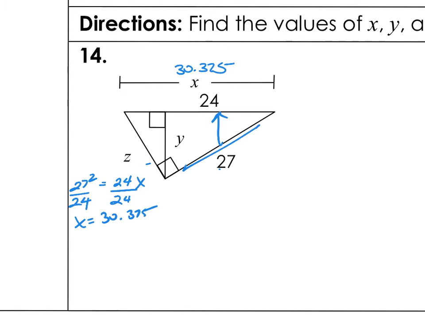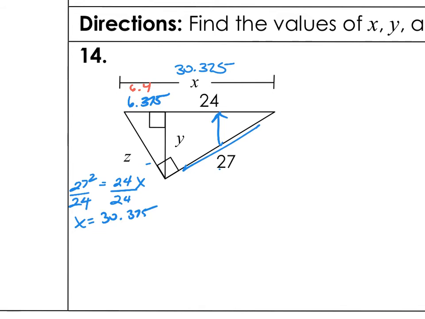So if I do that number minus 24, I will get 6.375 for that side. Now, if you look at your sheet, they rounded it to the nearest tenth, I think, 6.4. Is that what they did? Yes. But you could just leave it as that. It's just as easy to leave it as that.